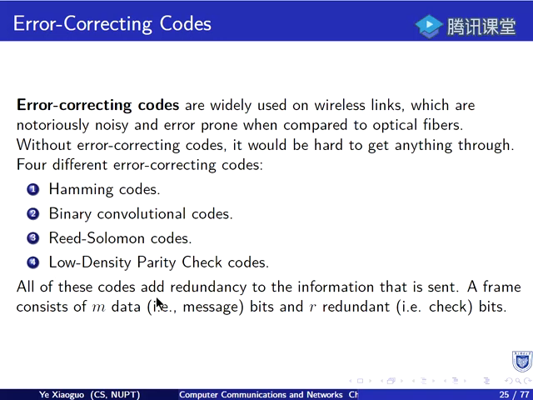All of these codes add redundancy information to the information that is sent. A frame consists of m data bits and r redundant bits.